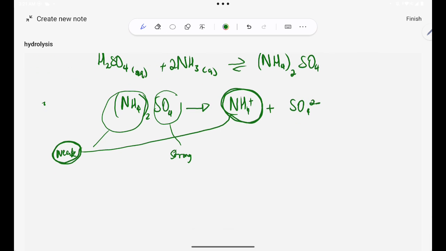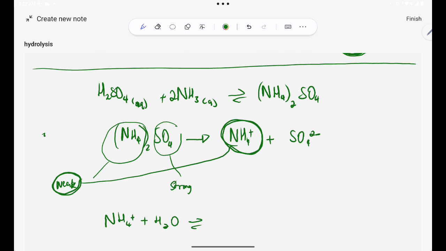So all of the time, we are going to take the strong conjugate ion, react it with water, and we will see what kind of solution we'll have. Remember that I've taken a strong acid and a weak base. I'm expecting my solution to be acidic, which simply means I'm expecting to find the hydronium ions in excess.